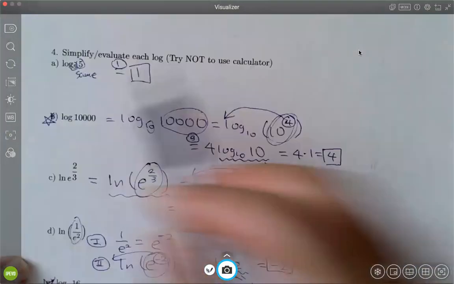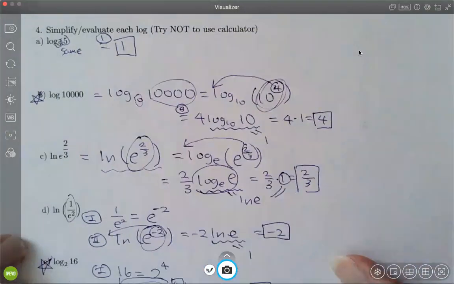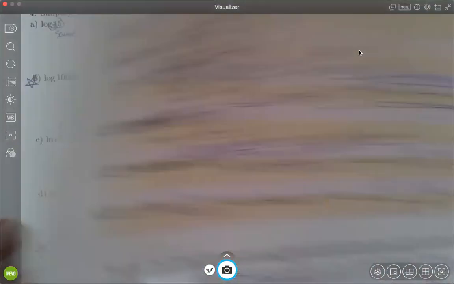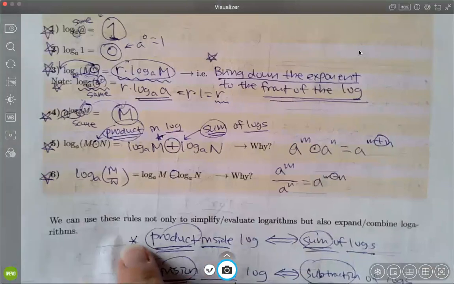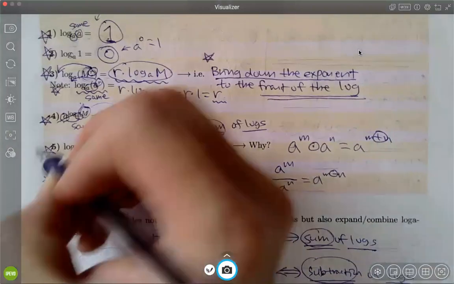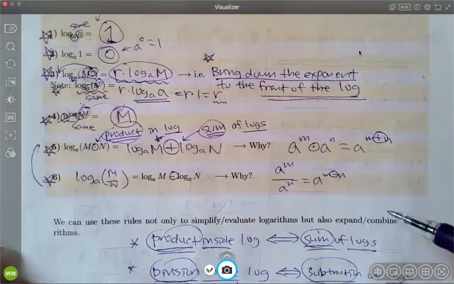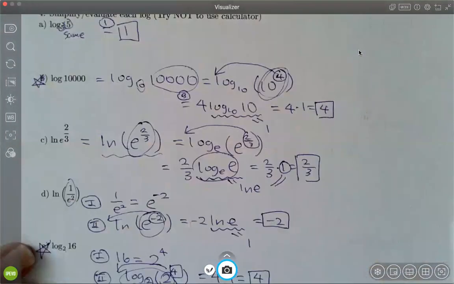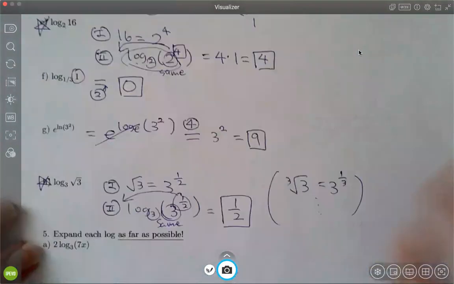So we have used the first 4 rules of logs, and there are some rules that we haven't used yet. These two. The first 4 rules will also appear here, but now rules 5 and 6 come into play.